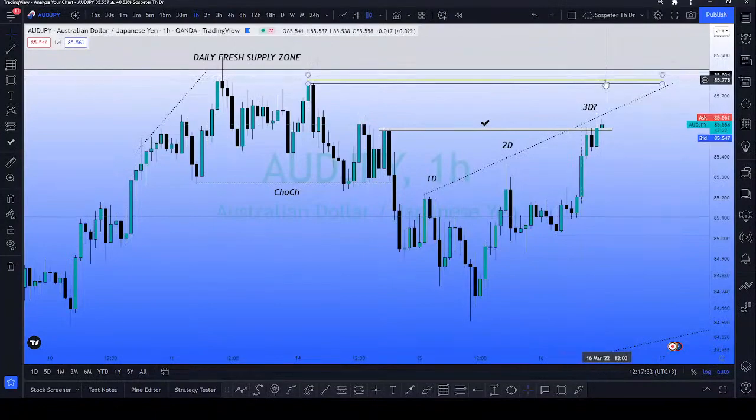If the price reaches these premiums, there'll be a good opportunity to sell. So I think these are complete setups, because we're already on our daily flash supply zone. Then this is our lower time frame confirming the sells.